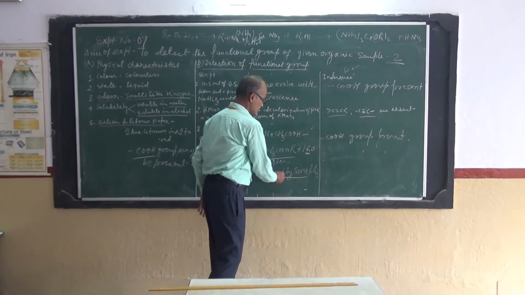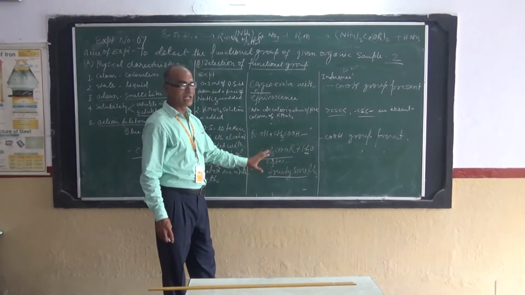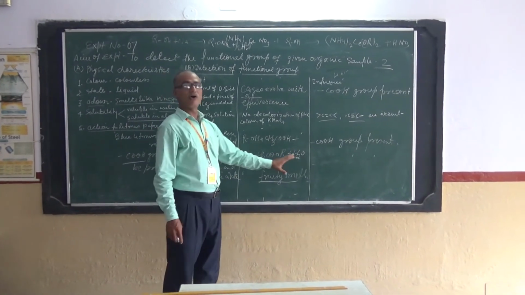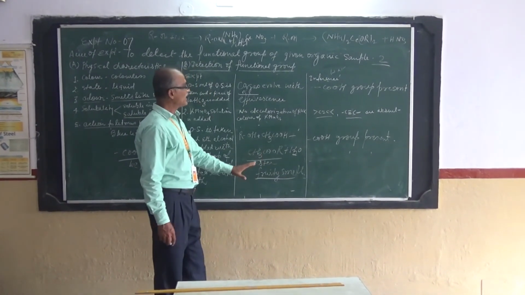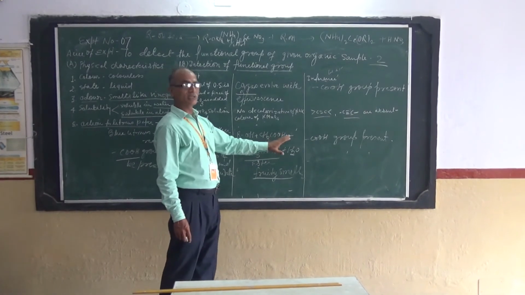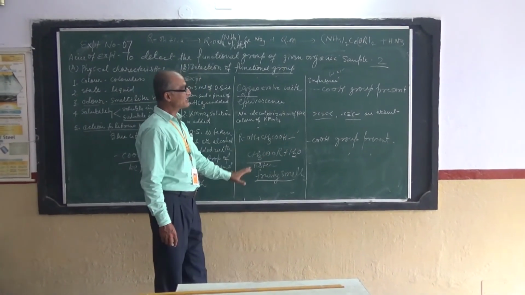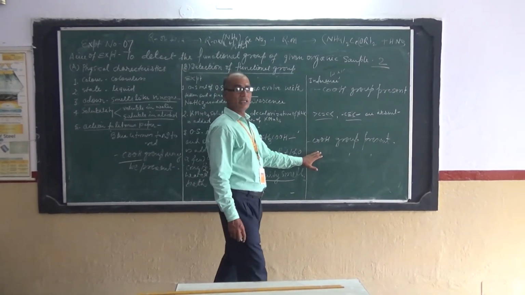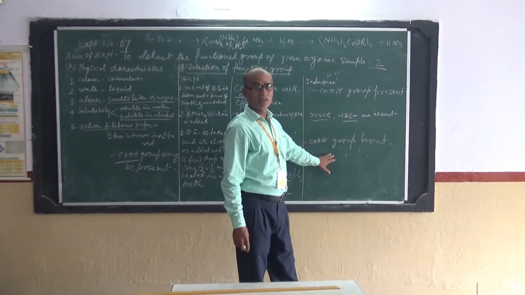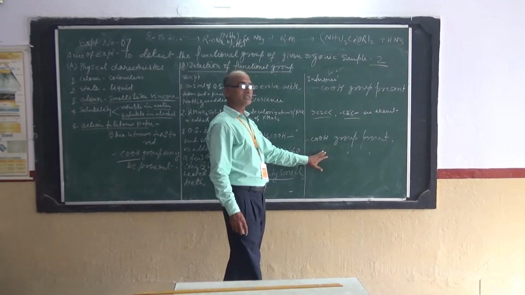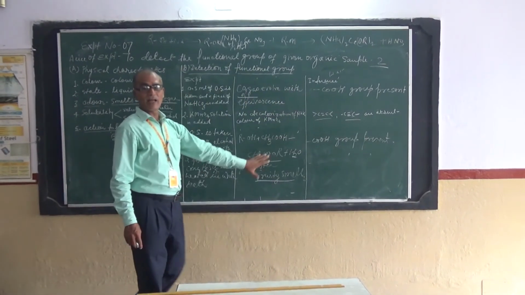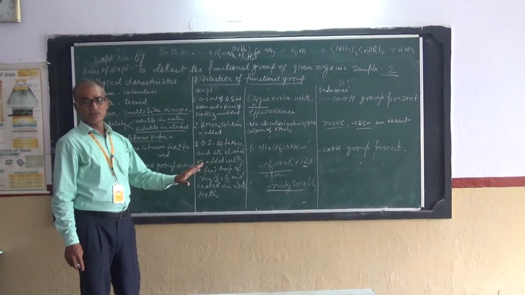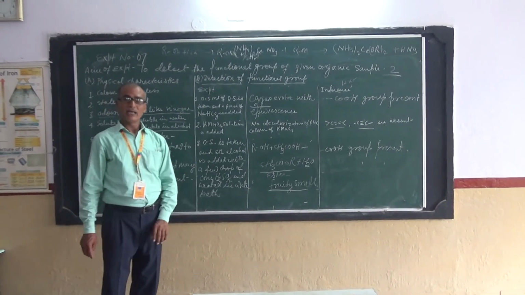This fruity smell informs us that an ester is formed because we have added alcohol to this organic sample. This informs us of the formation of ester, that the given organic sample has a carboxylic group. Now we go through the experiment.